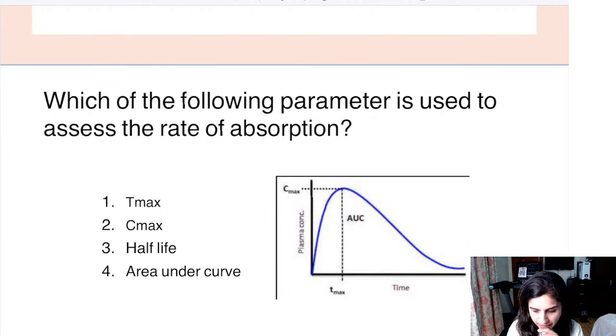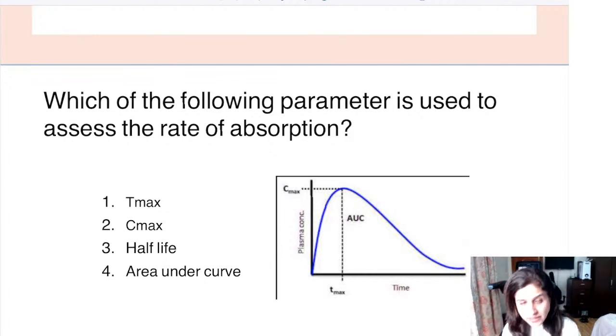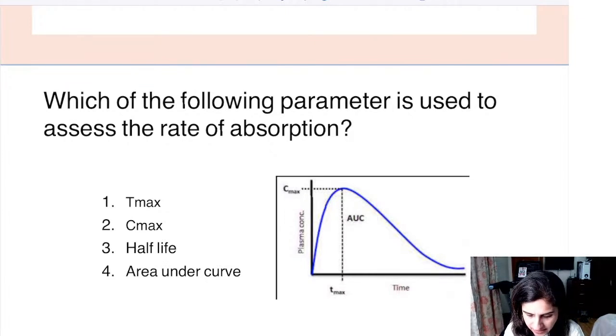Is it Tmax, Cmax, half-life, or area under curve?